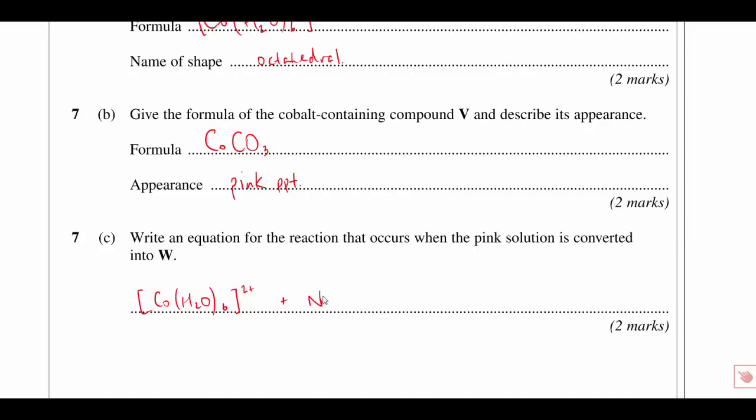Going to add our ammonia. I would always balance at the end, although you can do it midway through if you want. Still a complex here. We've got complete substitution taking place. There we've got the 6 put in, still a 2+, and 6 waters are coming off. Balance it up with the 6 NH3s. That gives us that pale brown, or what I would call straw-like colour. Two more marks. So 2 marks are going to be for your general ions, I'd guess, and then you're balancing on top of that.